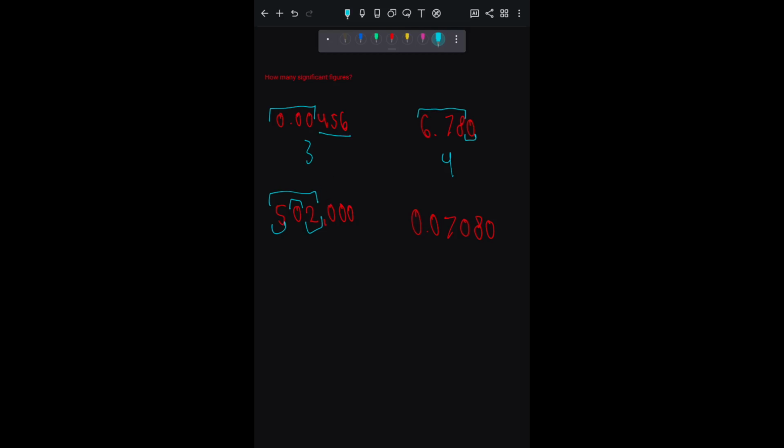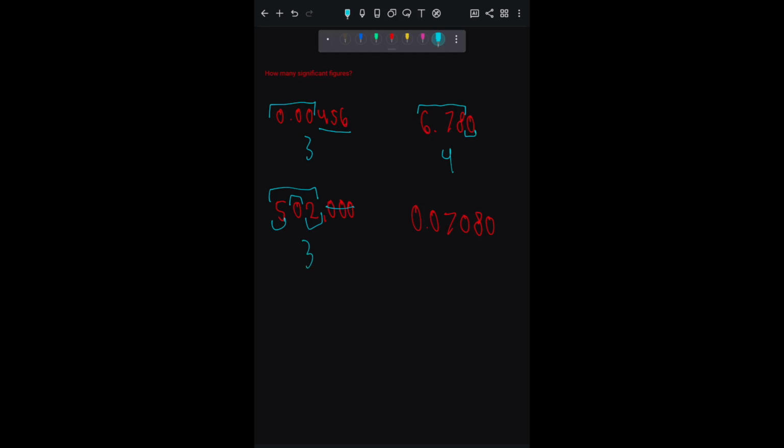Now let's look at the rest of the zeros, right? Well, remember what I said about the decimal point? That changes everything. There is not a decimal point here. So we cannot assume that those zeros are accurate or not, because if you wanted to write down 502,000, you have to put those zeros there, whether they're accurate or they're not. So these are not significant, and it has 3 significant figures.